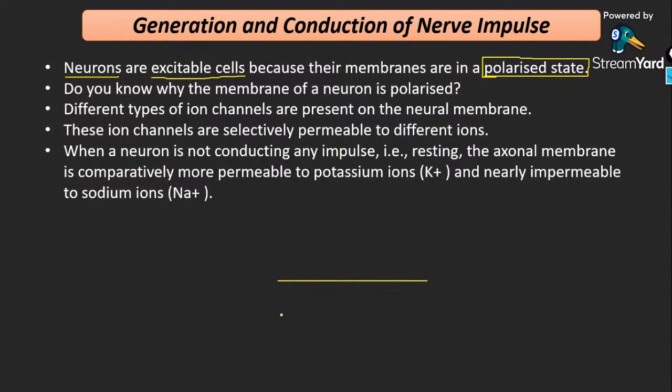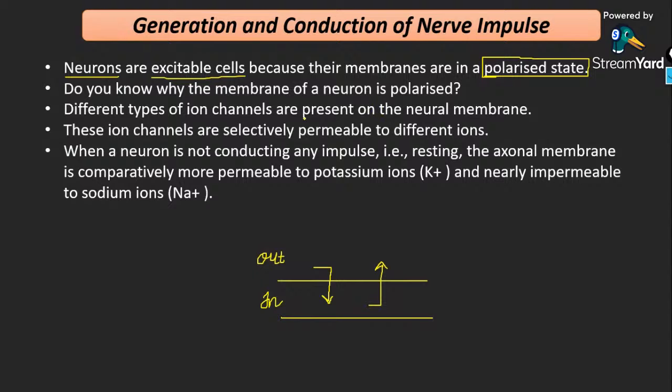Suppose this is the membrane of a neuron. It will be in a polarized state, so ions will move from a higher concentration to a lower concentration. They can move either from outside to inside, or from inside to outside, because neurons are excitable cells whose membranes are in a polarized state.